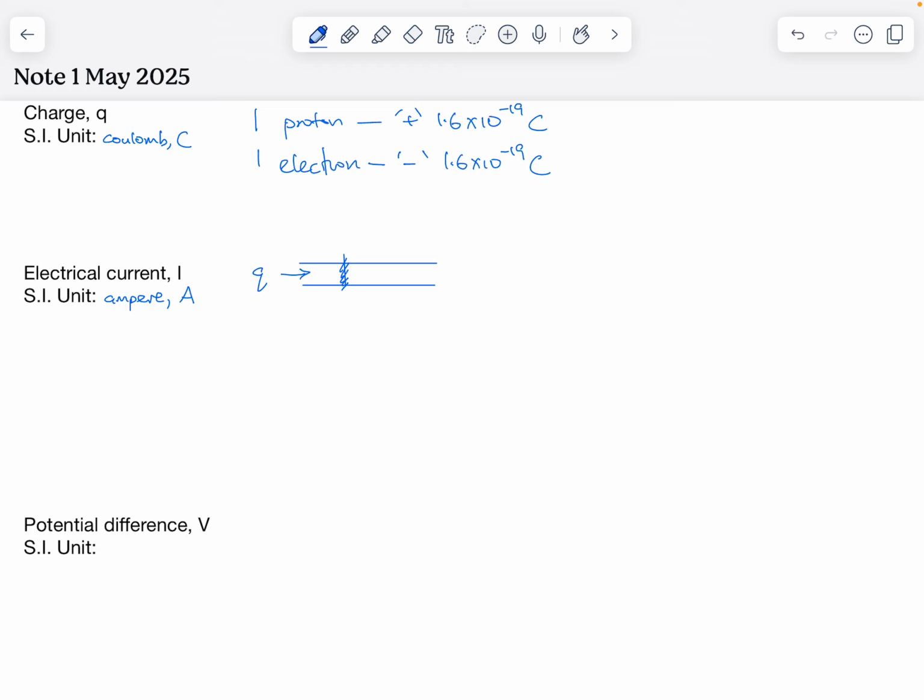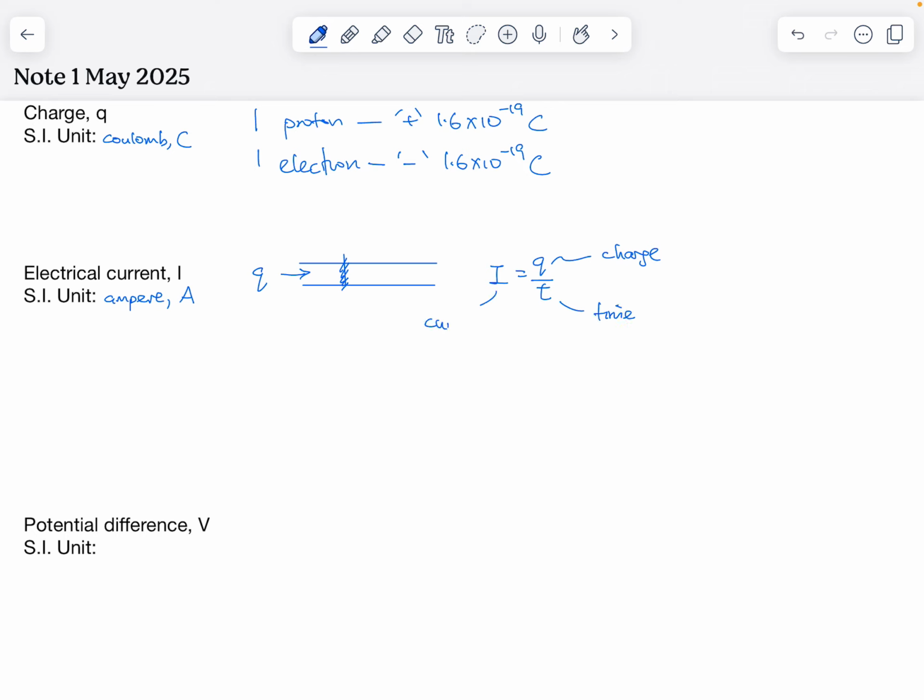We call that current. So the formula for current is, current is a symbol I equals to Q over T. Q is charge, T is time.